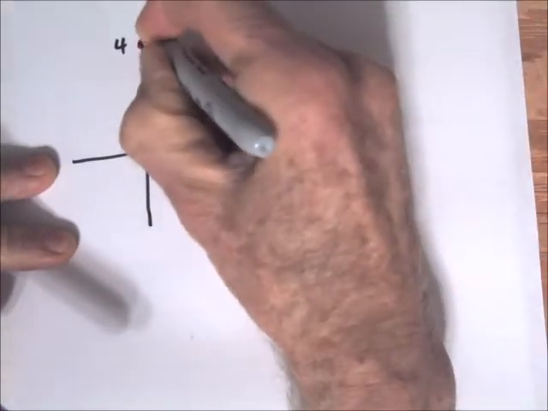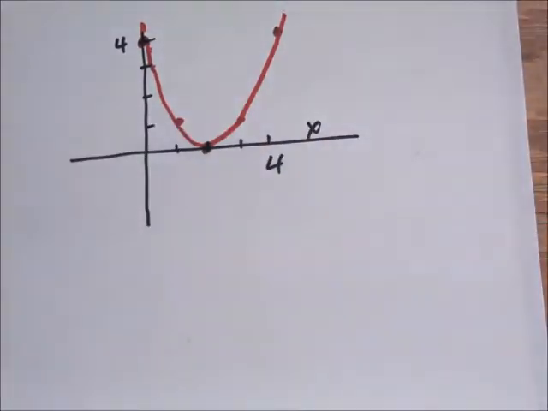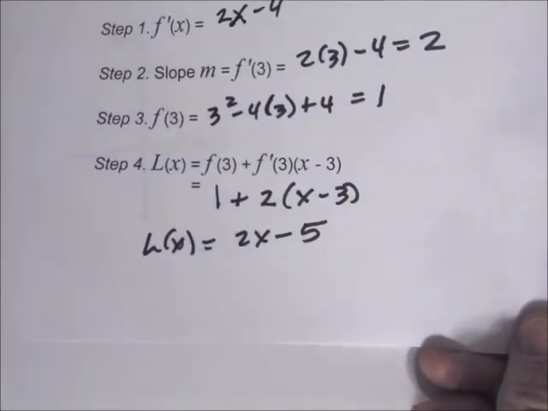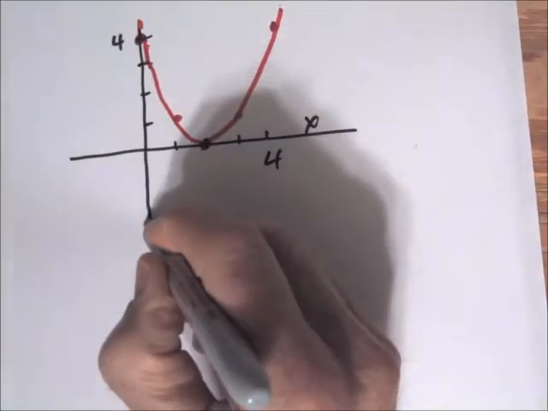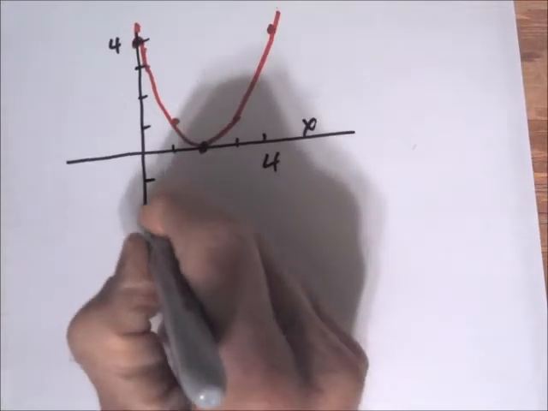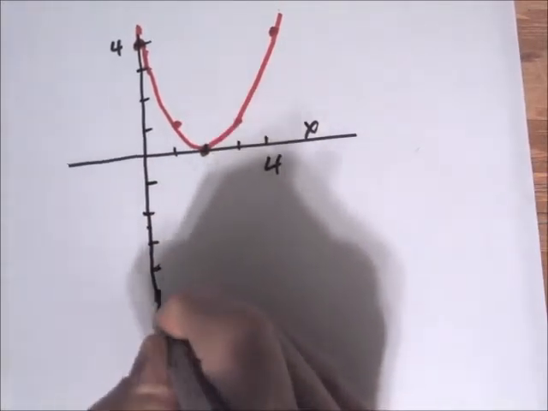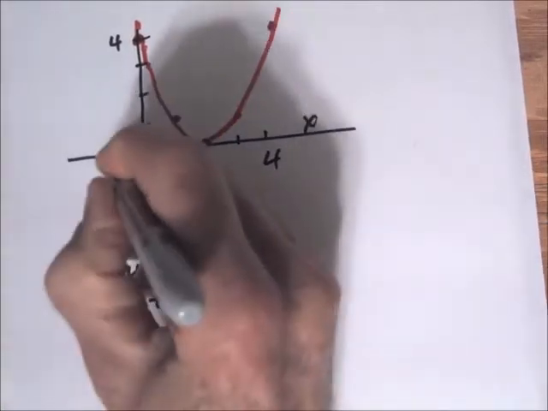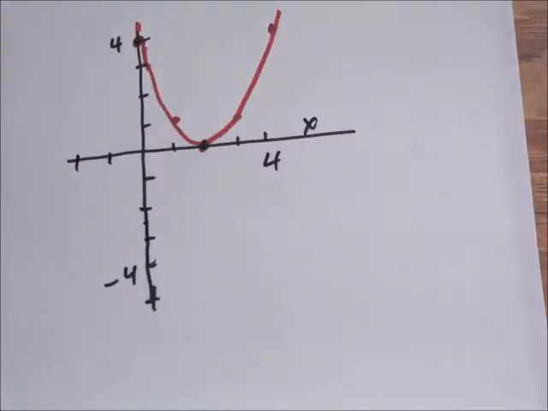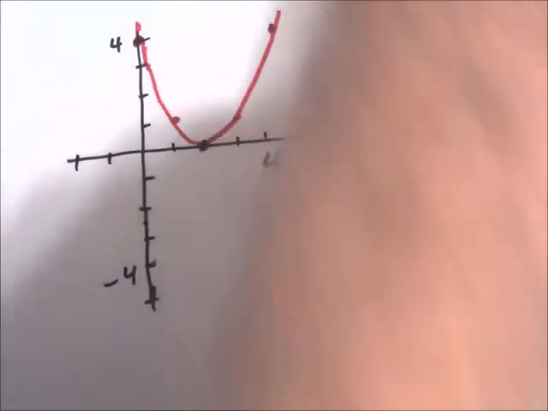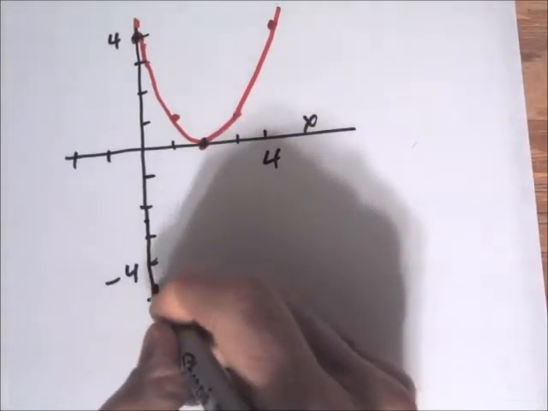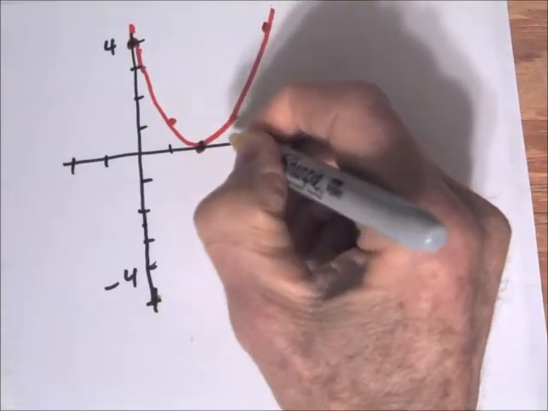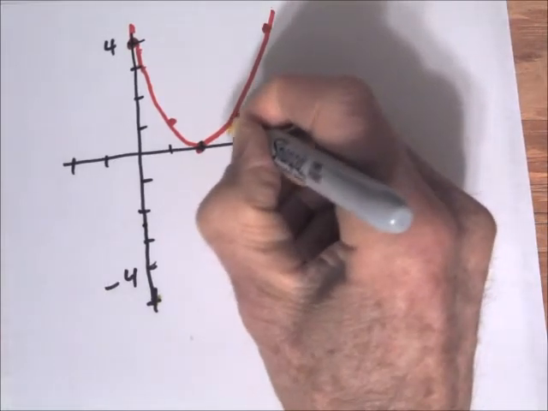So this is a parabola, and we're going to approximate it with a straight line, L of x equal to 2x minus 5. So the y-intercept is at minus 5, and it's going to be tangent at 3.